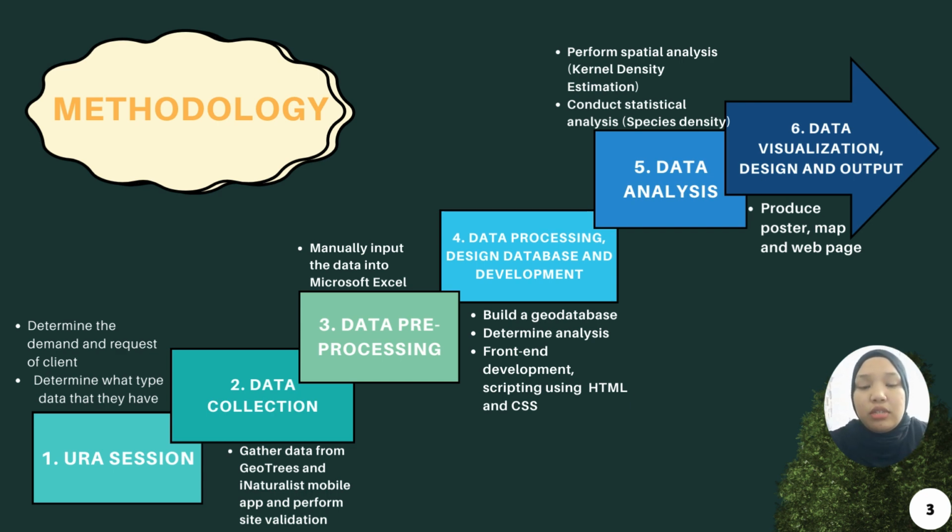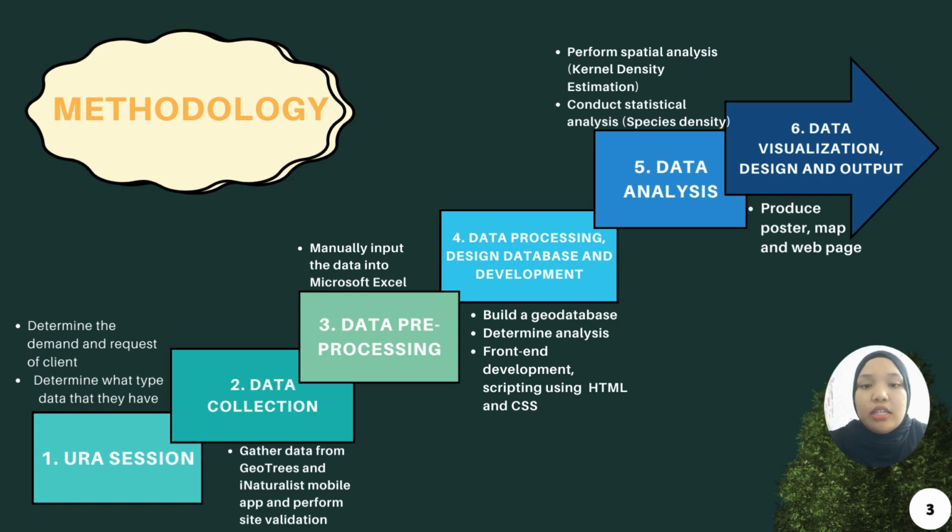Based on the locations in iNaturalist, we performed a site validation, where we visited Sireh Park to confirm the location of the flora and fauna, and also to know their habitat. After data collection, we proceed to data pre-processing.